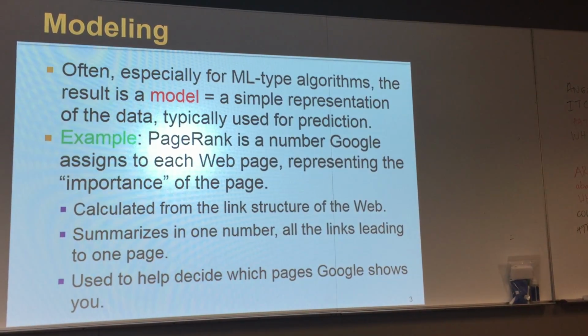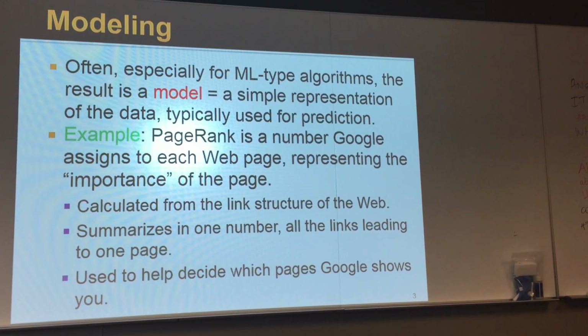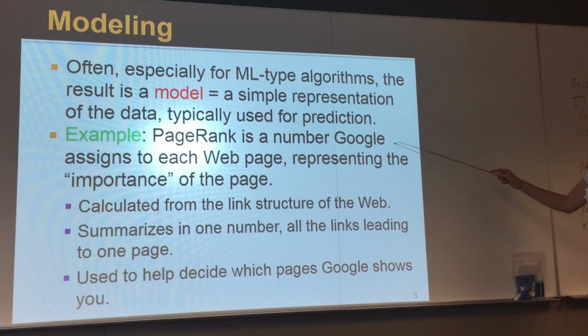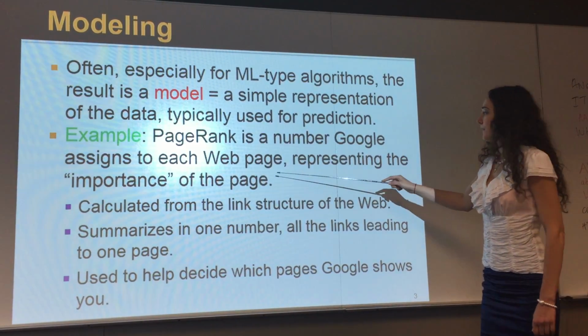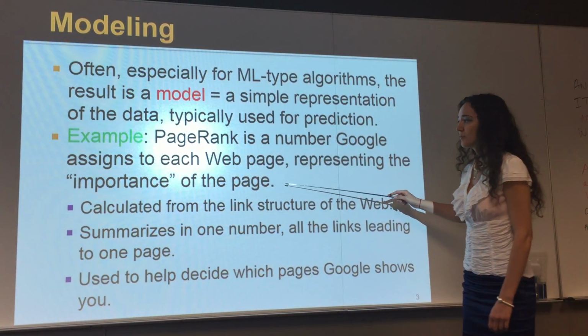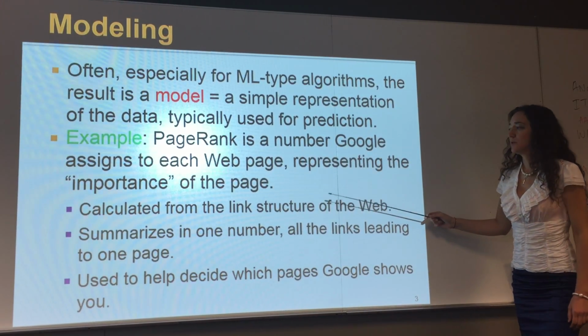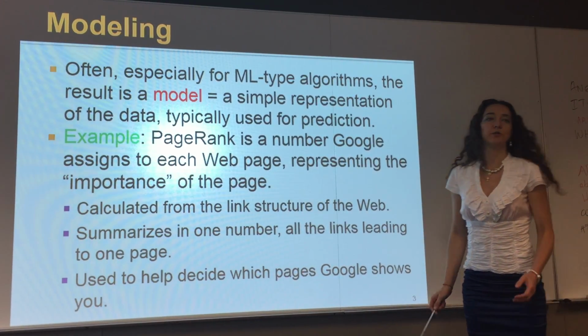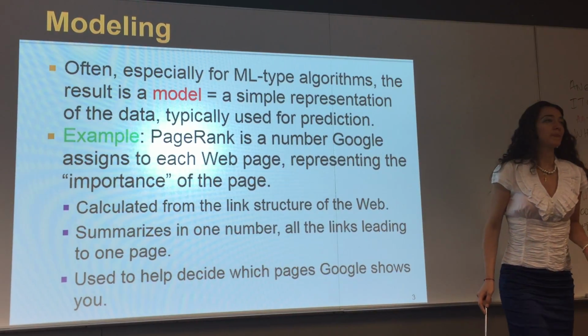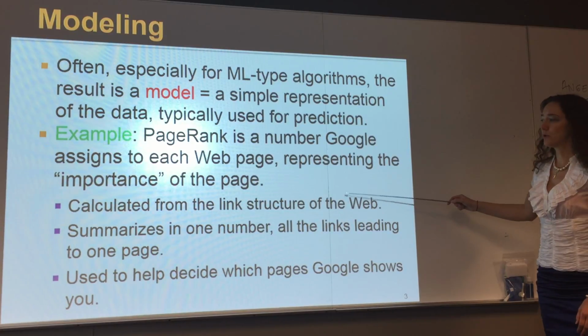An example of that is PageRank. The PageRank is a number that the Google search engine will assign to each web page, and it represents the importance of the page. Google will use the linked structure of the web, which is usually in a graph form, and will compute a number for each page to tell how important the page is.